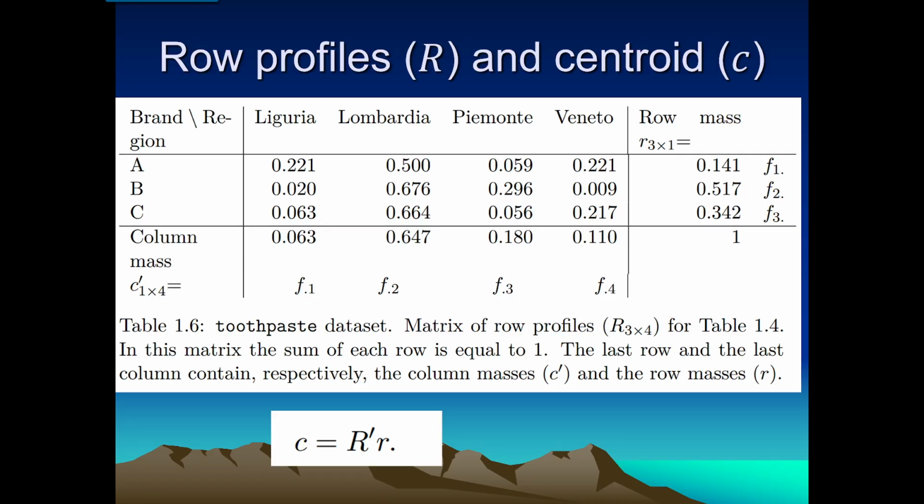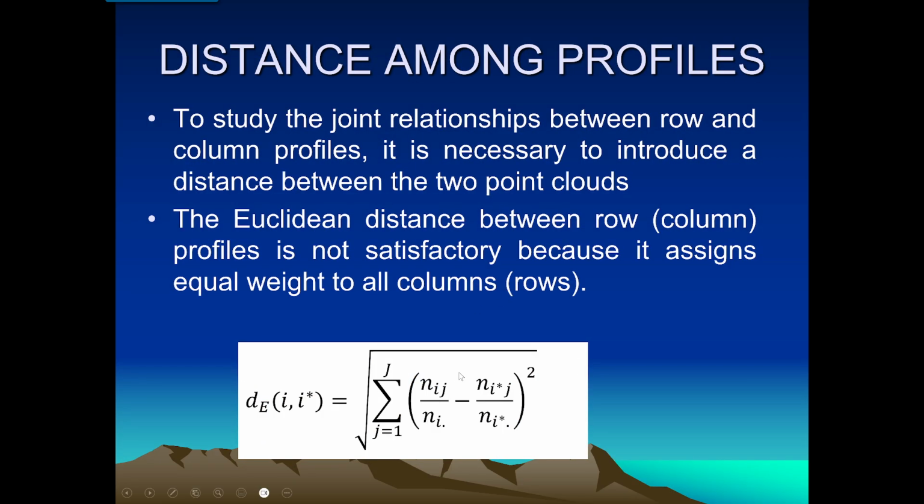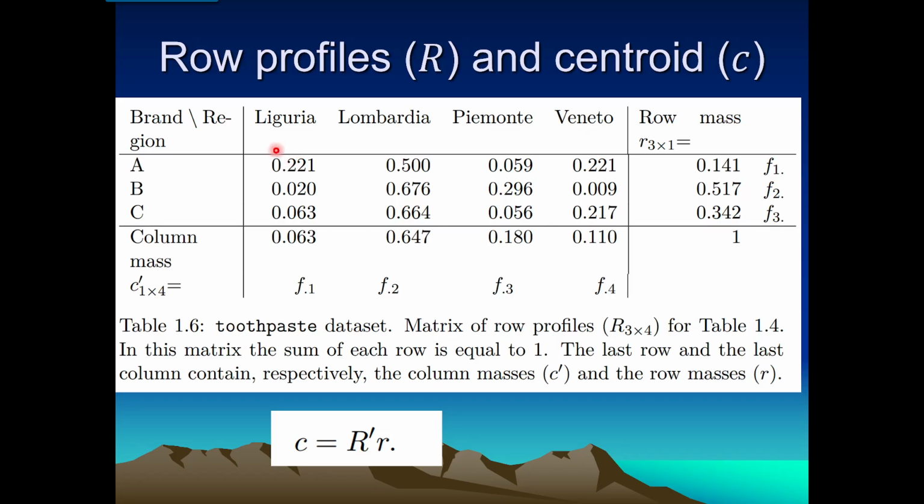And now you want to see the distance. Clearly, in statistics, you want to see how a province is distant from another province. And here you want to see whether A is more distant to B or A is more distant to C. What is the distance between two generic rows? Can you do something like 0.221 minus 0.02 squared, and then take the difference squared, and here the difference squared?